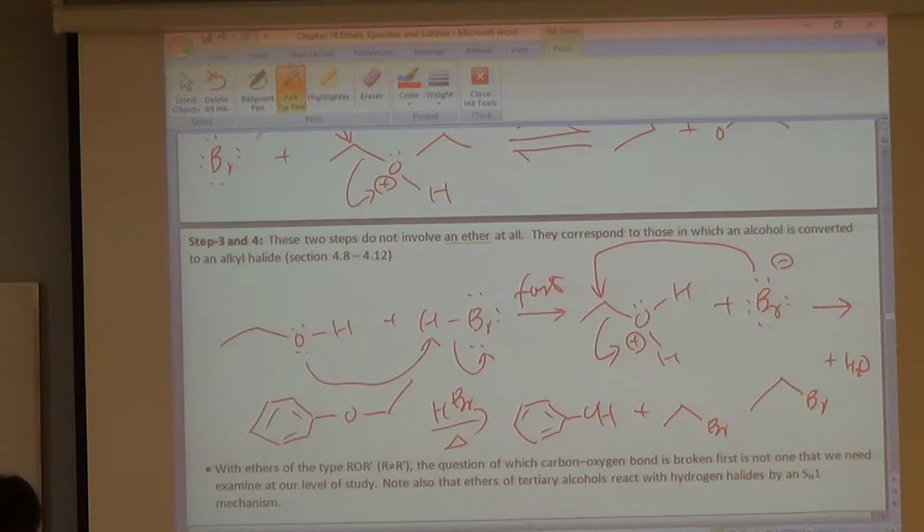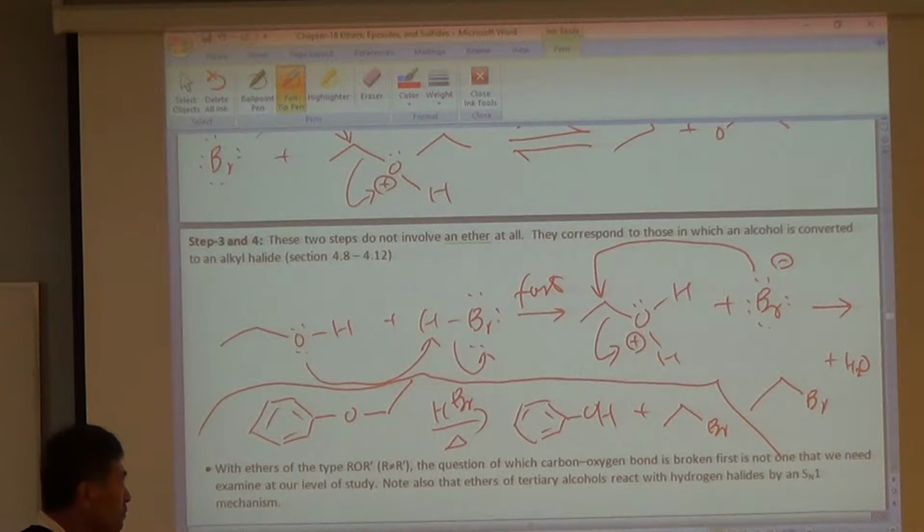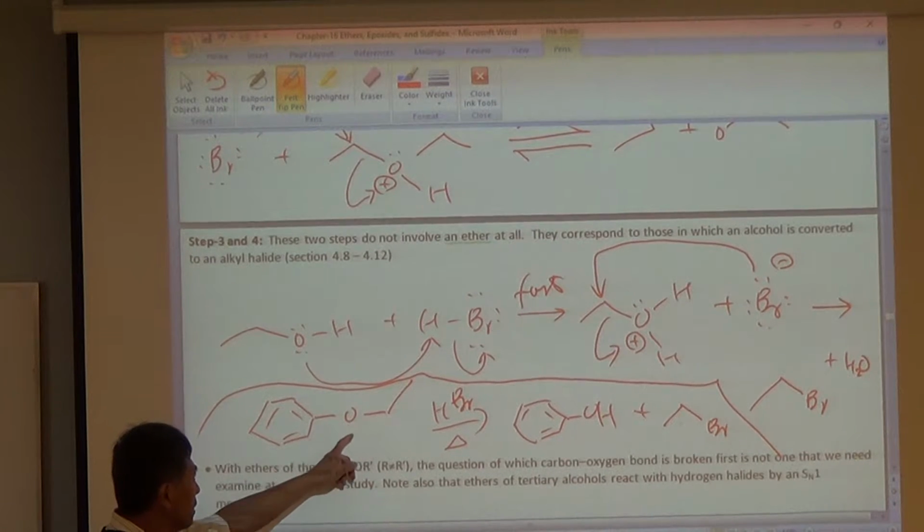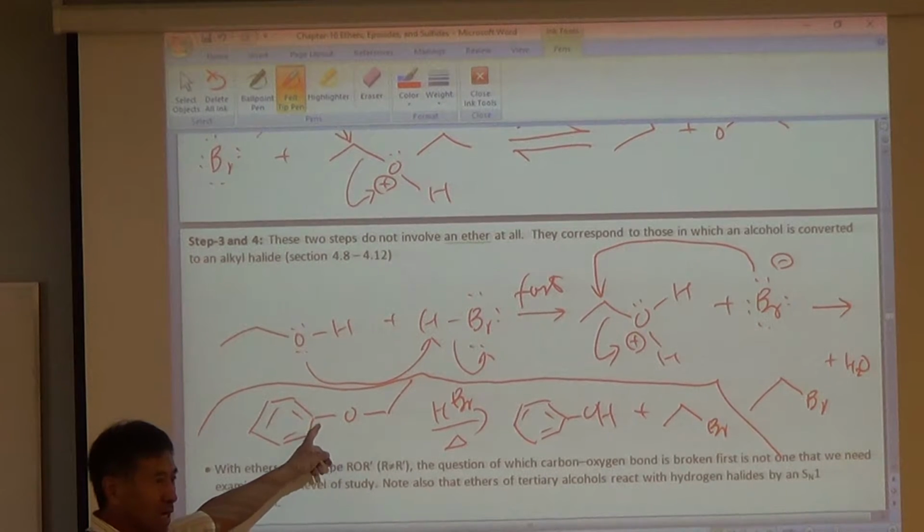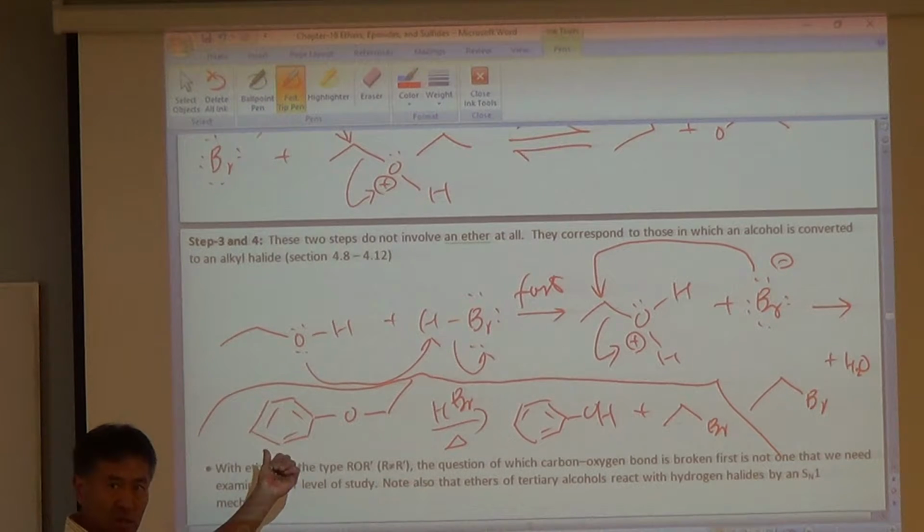So it's a little different than the dialkyl ethers. We have alkyl aryl ethers, and you break one of those oxygen-carbon bonds, but you don't break the oxygen-carbon bond to the aryl part.